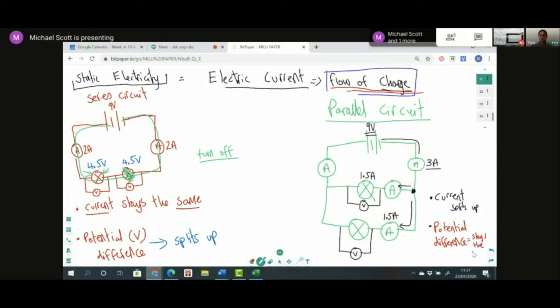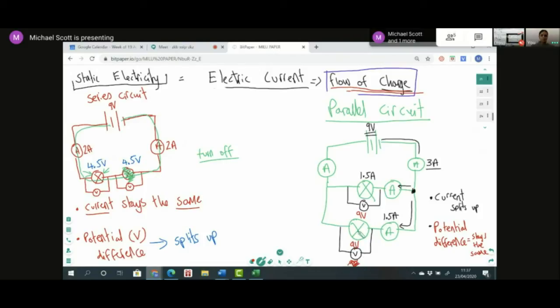It doesn't change. So the reading on this voltmeter here would be 9 volts, and the voltmeter reading across this light bulb would also be 9 volts. Let me put it at the top here, 9 volts.